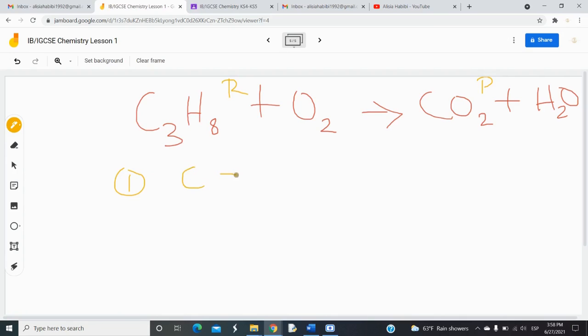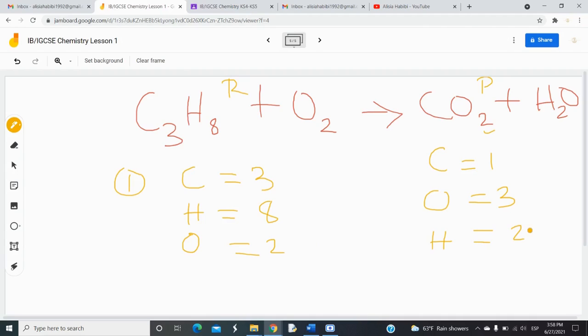So we start with carbon, which has 3 atoms, hydrogen has 8, oxygen has 2, and then we go to the product side. Carbon here has 1, oxygen has, don't forget, 2 plus 1, which makes it 3, and then hydrogen basically has, again, 2. So we've now written down the number of atoms that is available here on the product side.